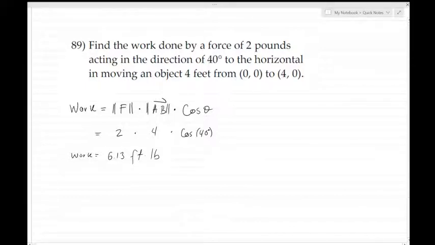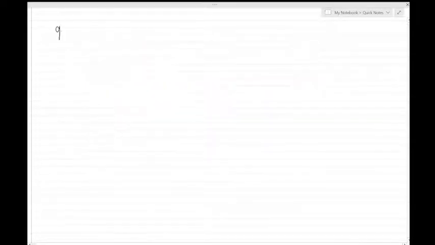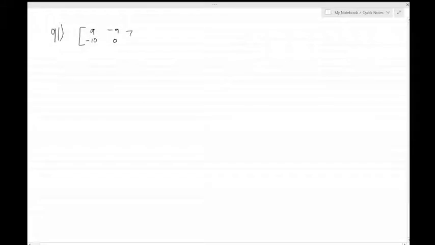91. We were looking at the matrix 9, -10, -9, 0, 7, -11, -5, -6.